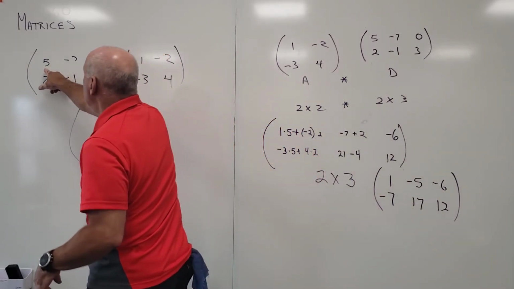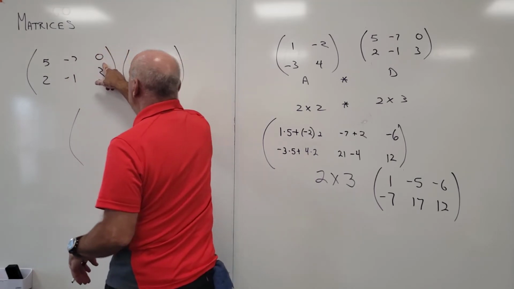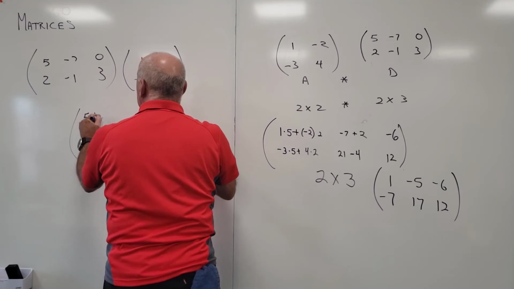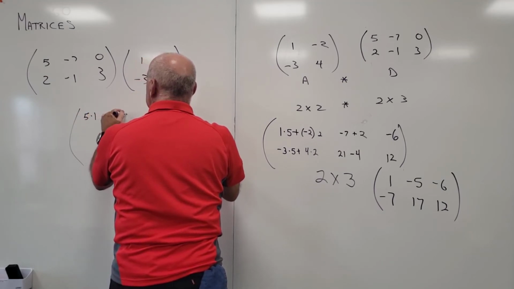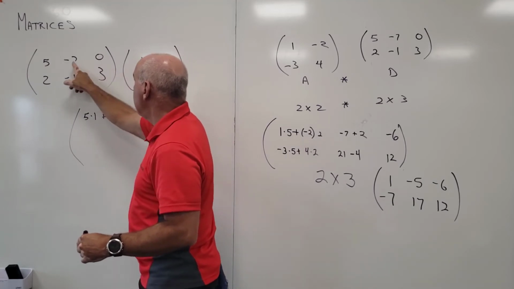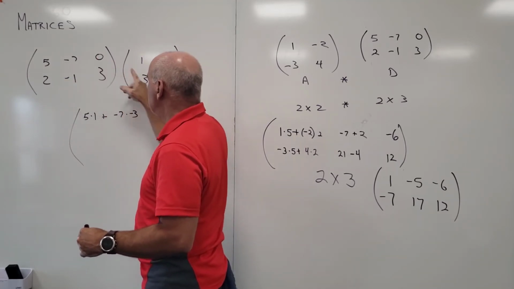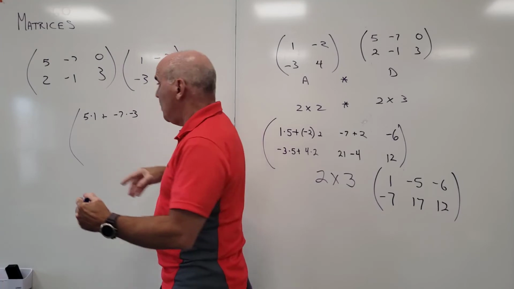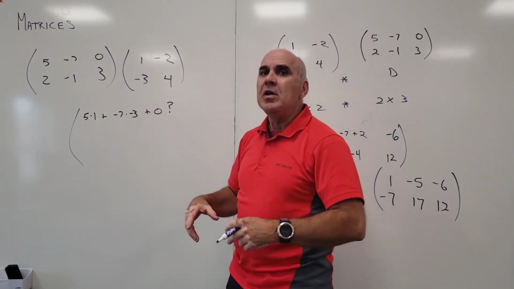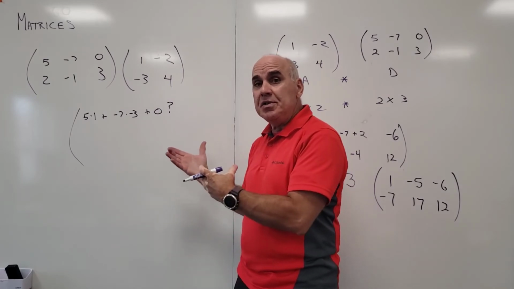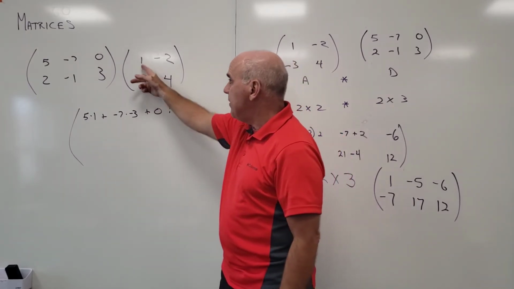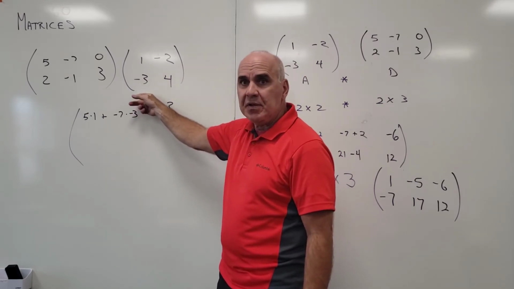Row 1 is right here, 5, negative 7, 0, column 1. So I have 5 times 1 plus negative 7 times negative 3, and 0 times, I got nothing, so plus 0 times a question mark. There's nothing there. So not only is it not commutative in this case, I can't do it, because I don't have enough elements in this second matrix.